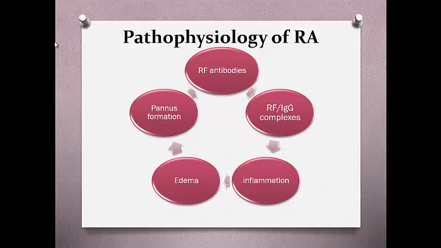So again, what I wanted you to really know about rheumatoid arthritis is that it is an immune inflammatory response. And because these rheumatoid factor antibodies and the IgG form a complex together, it's looked at by the immune system as a foreign substance that needs to be destroyed. And that's how we get this inflammation, swelling, pain, and loss of function.